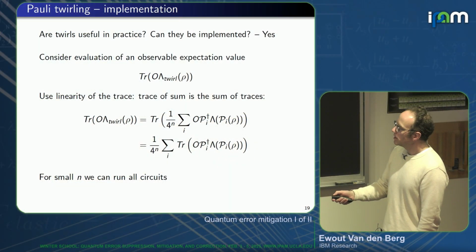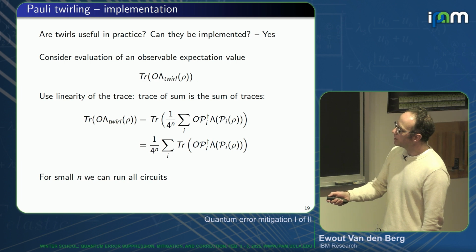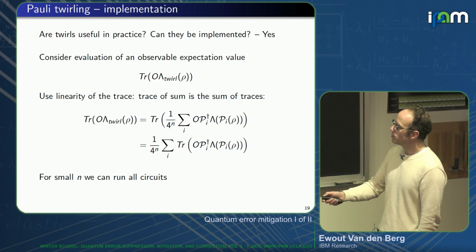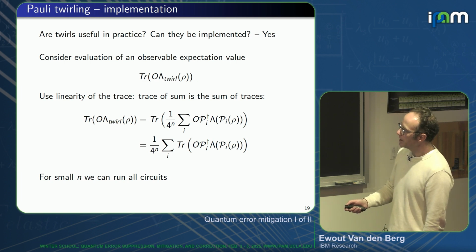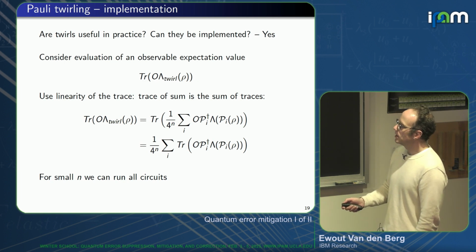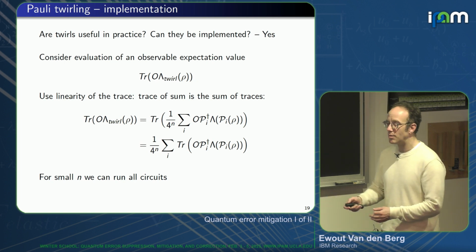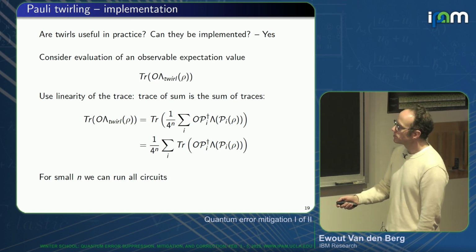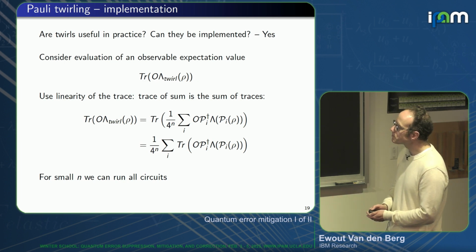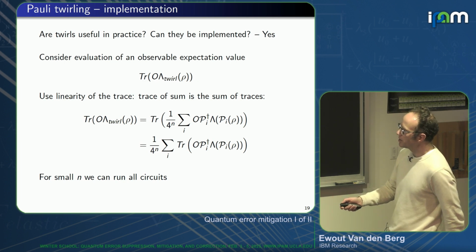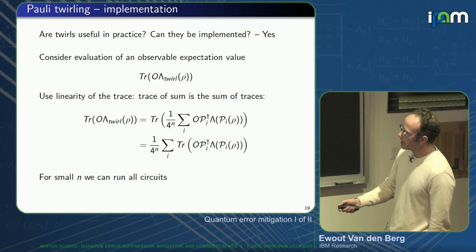If you consider the evaluation of some observable's expectation value of this channel, then we use linearity of the trace. The trace of a sum is a sum of traces. So we can write this as the trace of all of these individual terms, and that means the sum over all of the Pauli twirl elements.